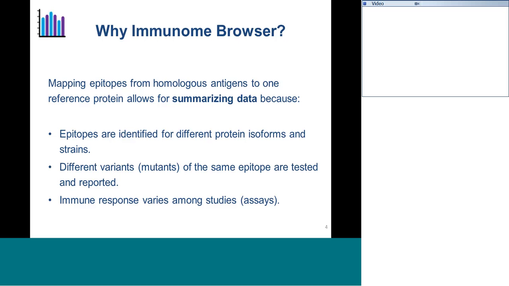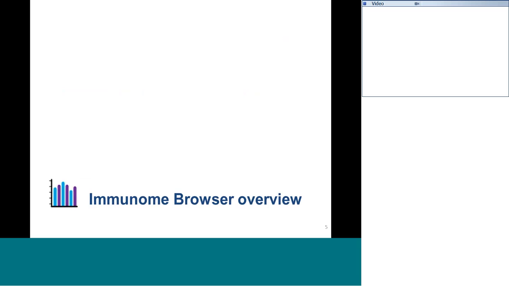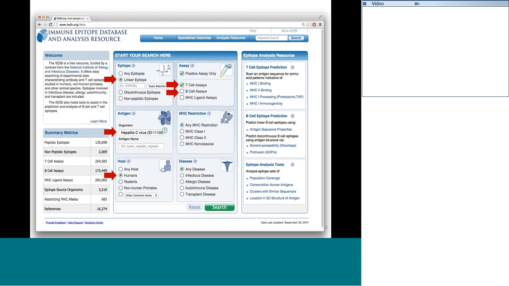They will be represented as the same region in the antigen. Also, immune response varies among studies or assays, so we cannot make conclusions looking at just one assay. But when you look at the summary of data, we can make some conclusions about immune response.